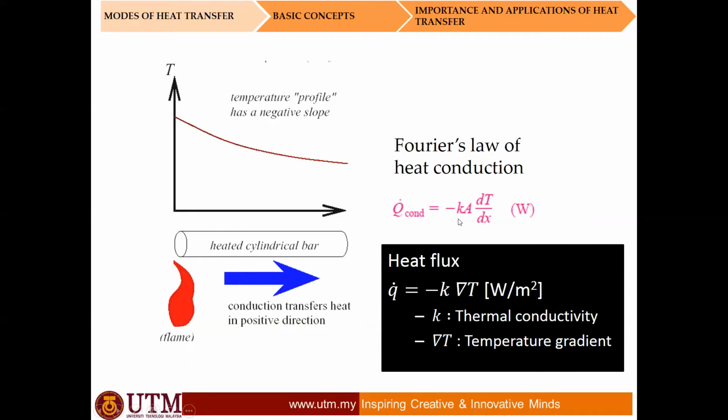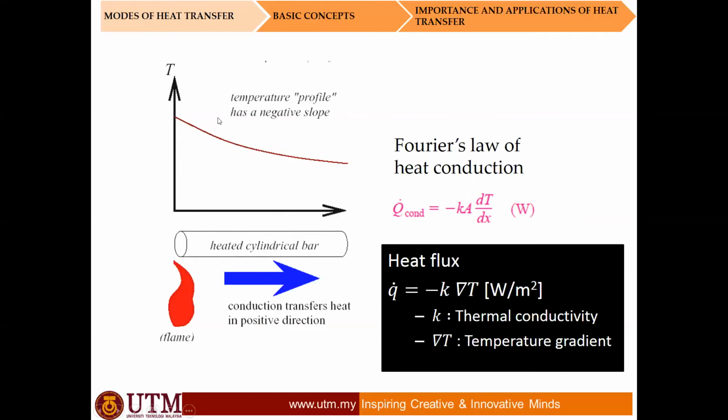Okay, so the question I believe you will raise is why we have a negative over here. Okay, so heat is a vector quantity. It has magnitude, and it has direction as well. So if we decide the heat transfer to the right side to be positive, that's why we have a negative over here, because the temperature profile has a negative slope.